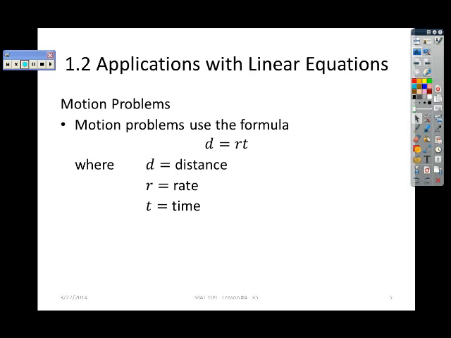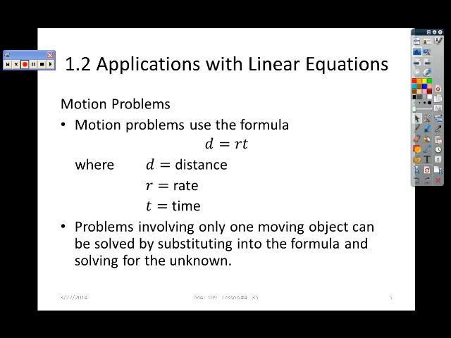Two of these values must be given in the problem, then you solve for the third. Doesn't matter which two, you can solve for the third. That's when one object is moving. It's a very simple process. It's really an evaluation of expressions.